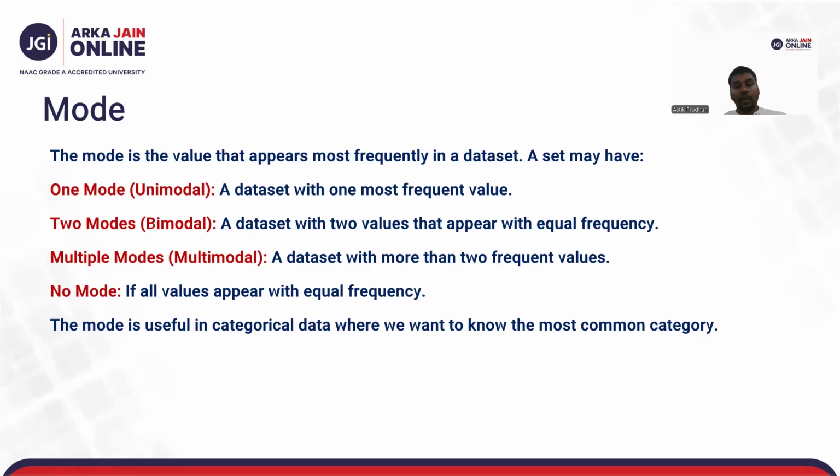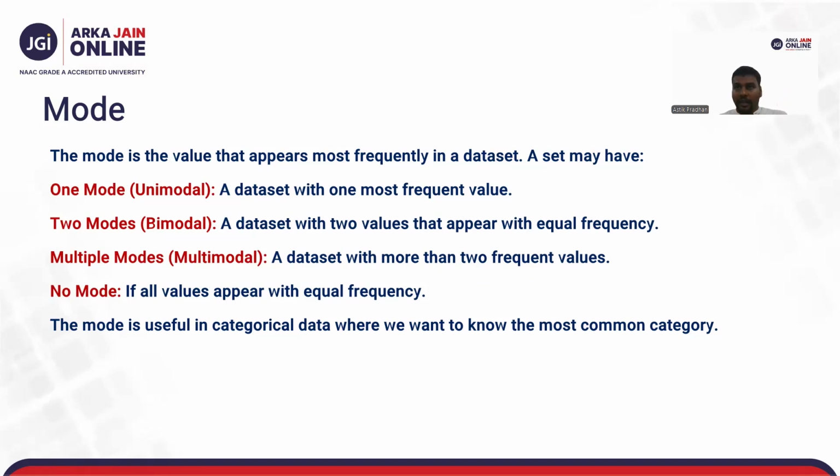Now no mode is what? If all values appear with equal frequency, like 2, 2, 3, 3, 4, 4. Likewise, if 6 values are there and 2 is appearing 2 times, 3 is appearing 2 times, 4 is also appearing 2 times, then no mode is there, because all values appear with equal frequency.